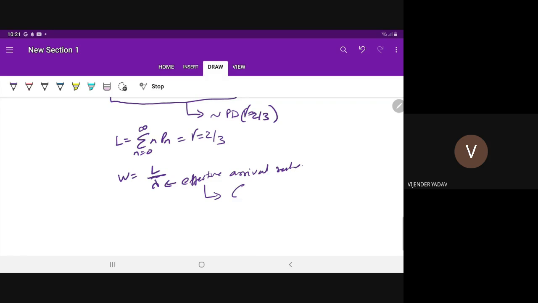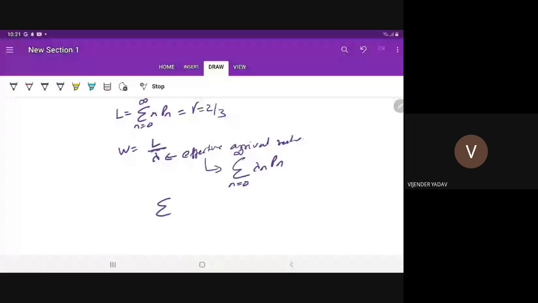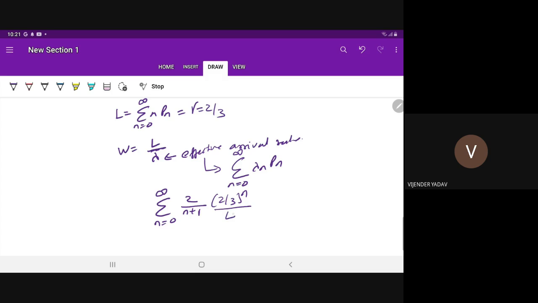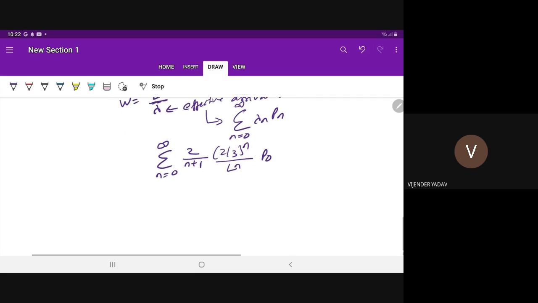And it is equal to summation lambda n into Pn, n varying from 0 to infinity. Lambda n is given as 2 by 3 power n upon factorial n into P naught, or e to power minus 2 by 3.